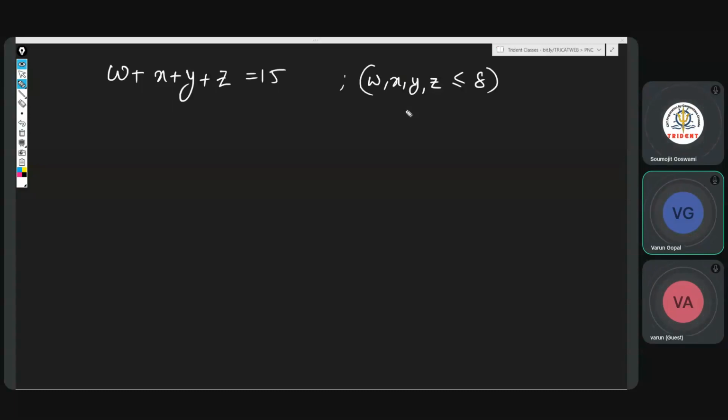Chalo hatao, let's do this one, and I'll tell you what error I basically made. A very silly error though. I'll tell you what mistake I made. Again, if I didn't have the condition, the answer would have been 18C3. But I know that is not the case because I have violations.